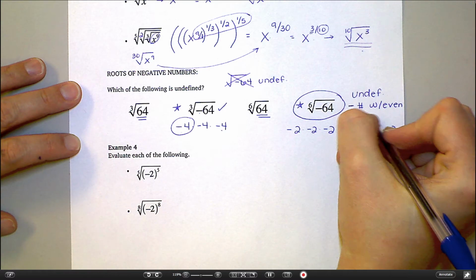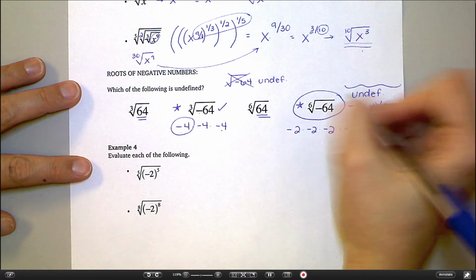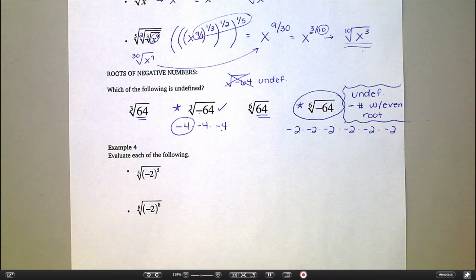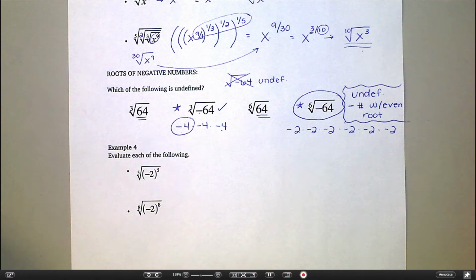That's where we run into things being undefined. Negative and even. Otherwise, you won't have any issues with these, but negatives and evens cause us problems.